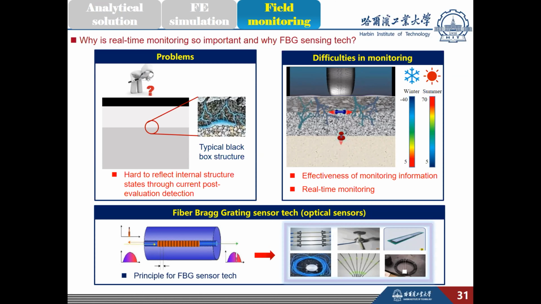The fiber grating sensors meet our needs. Actually, in the past 10 years, our group has developed a series of pavement-used sensors based on the principle of FBG sensing technology.